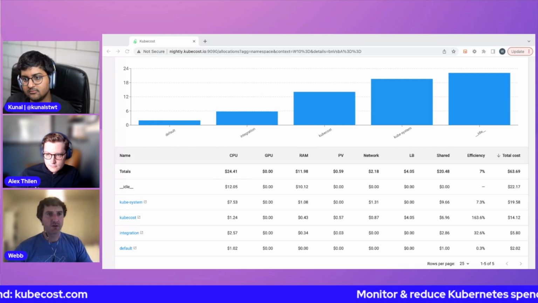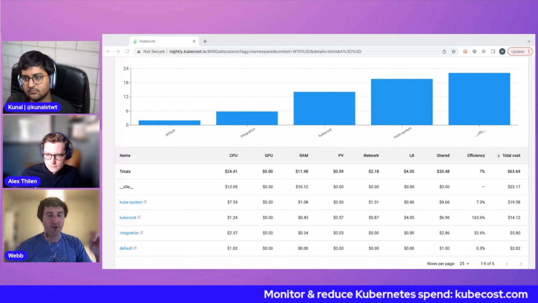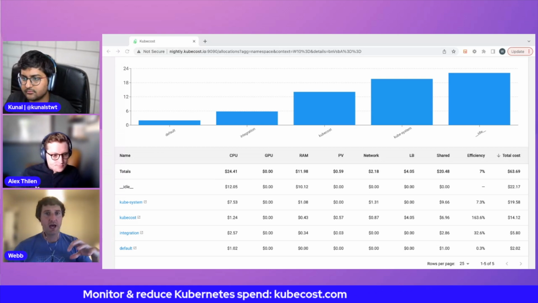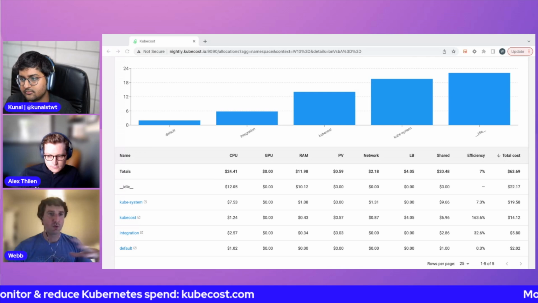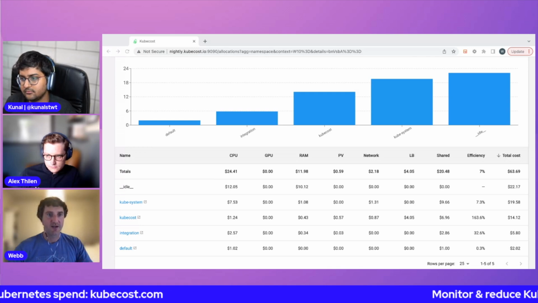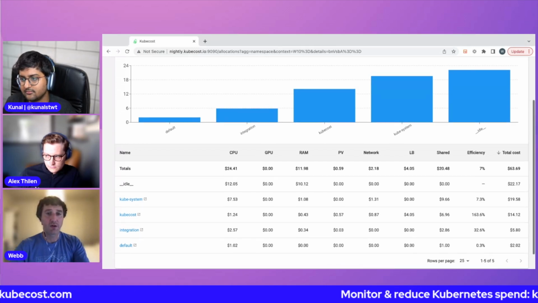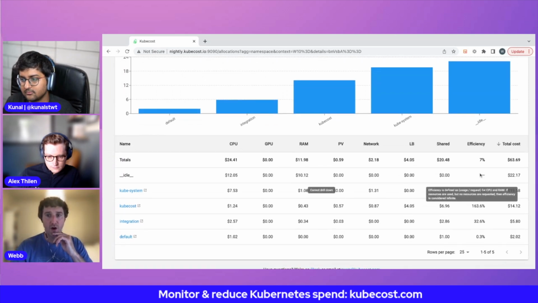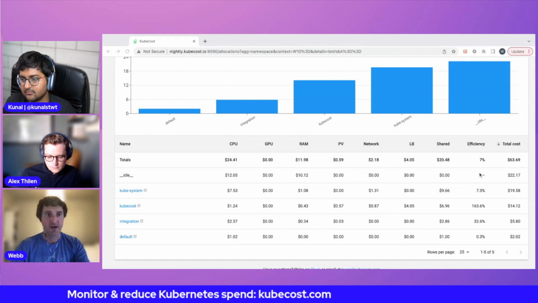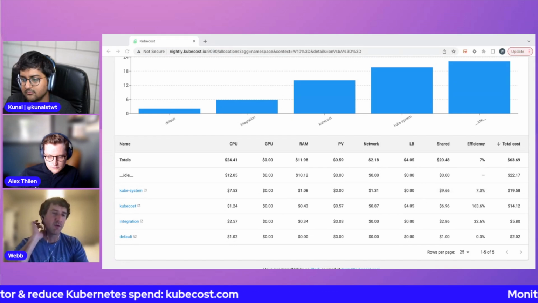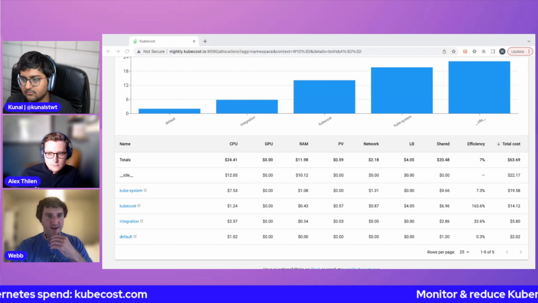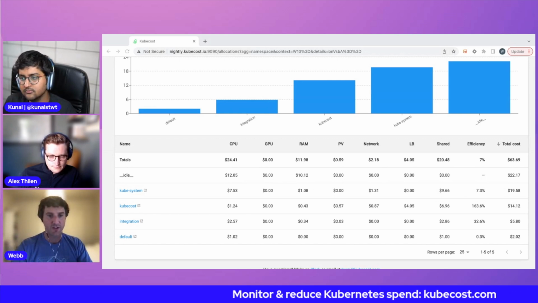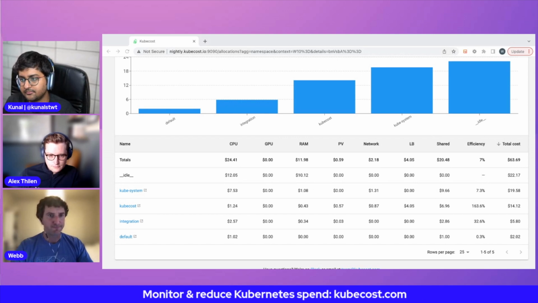The other 75 would be deemed idle at the cluster level, right? Because they're unrequested and unused. They're truly just not being touched. So that is a really important metric for us. It's the other part of this overall efficiency measurement that is really valuable for teams to start thinking about as they focus on optimizing spend and resources, et cetera.